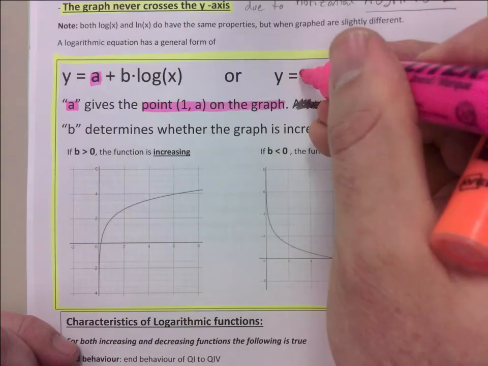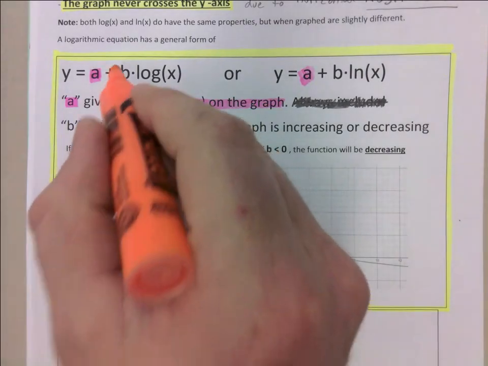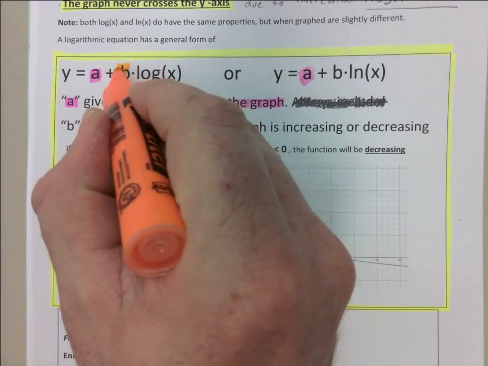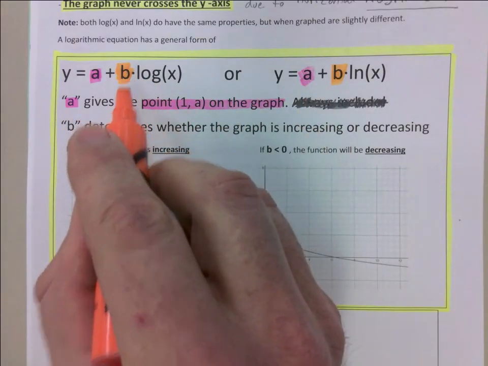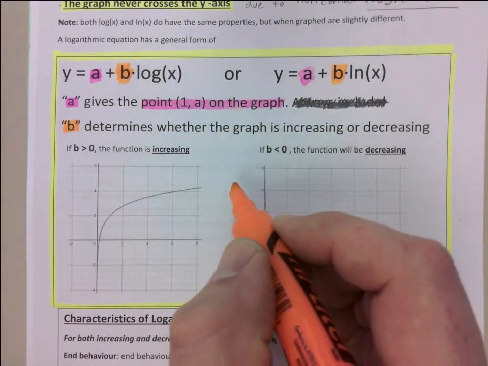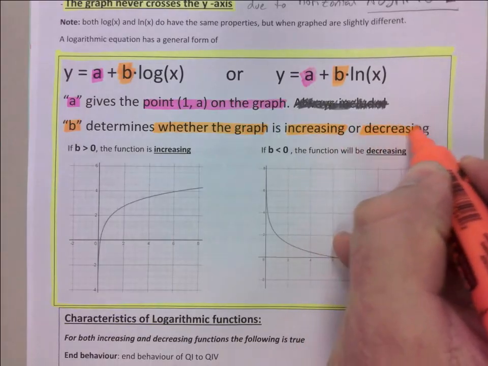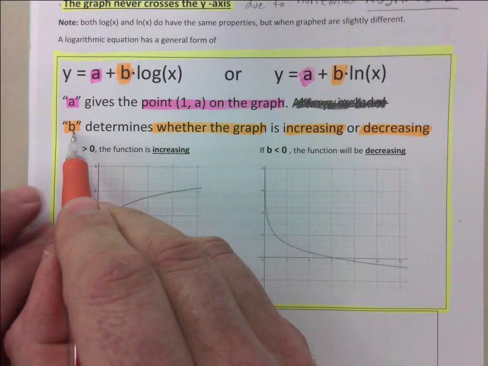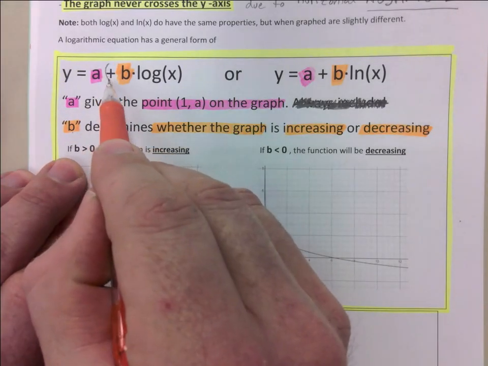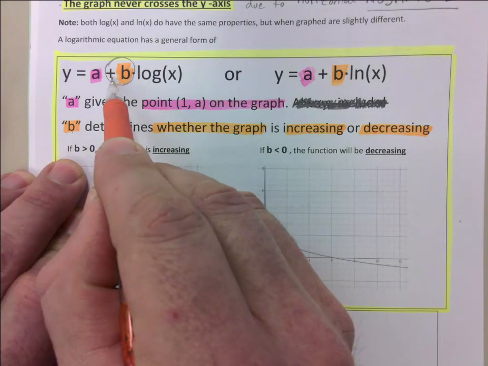Next, this second one here, I'm going to give this also a pink. The next part is B. That value there, B, determines whether the graph is increasing or decreasing. Remember, B is all of this, the sign and all. It's positive here, but it will not always be positive.